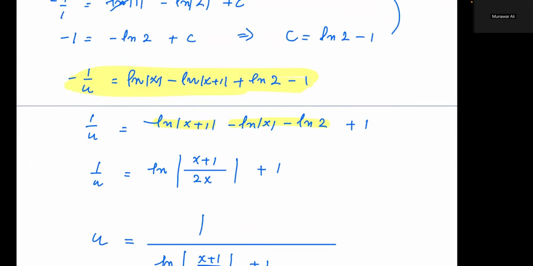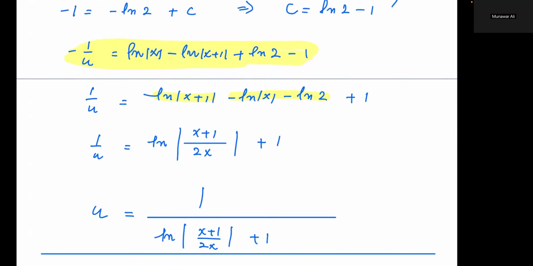Because this is the point after finding the value of c, you put that back into the star solution and you get this explicit or implicit solution for the problem. Okay, any questions?